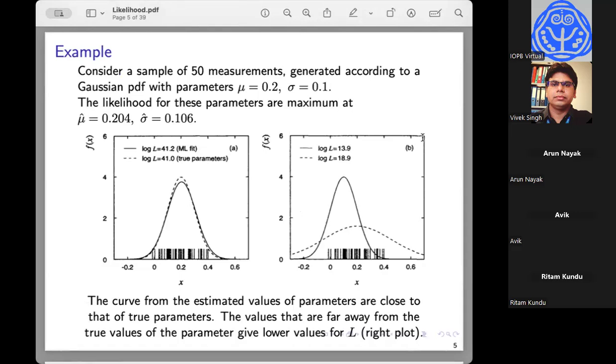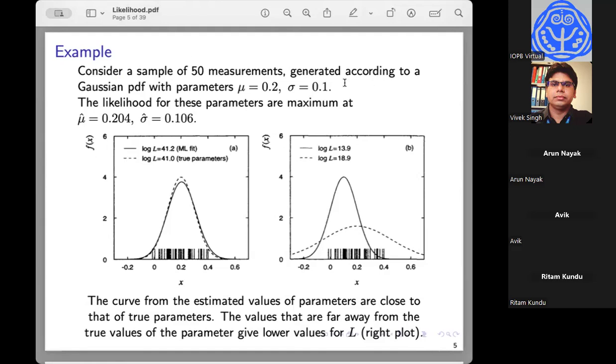Now consider again the same example of radioactive decay. Suppose you have a sample of 50 measurements, which you can do as an exercise by generating 50 events assuming some parameter value. I just took these plots from the book, but you can do this exercise yourself.